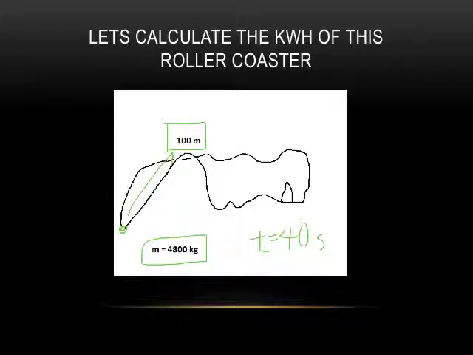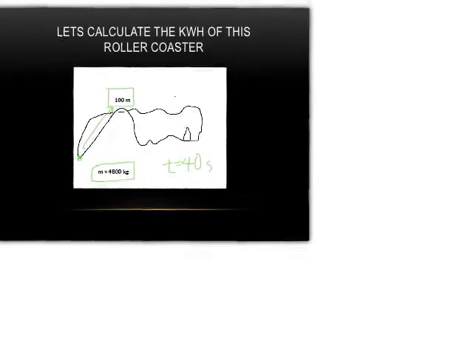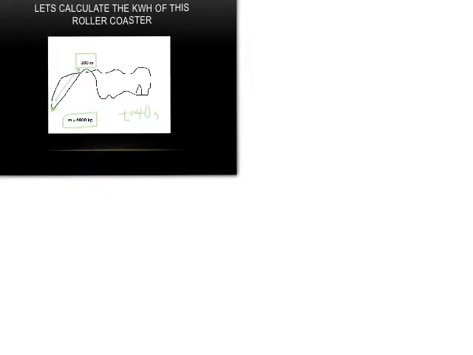Those are the things you need to know at a minimum to find the first step, our power. I'm going to shrink that down a little bit so we remember our information. Step 1 is to find the power.